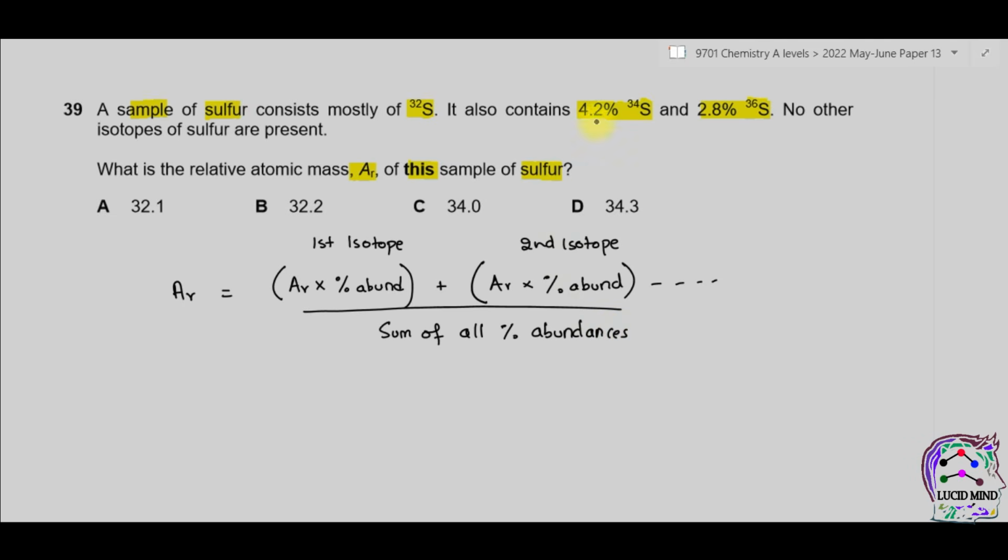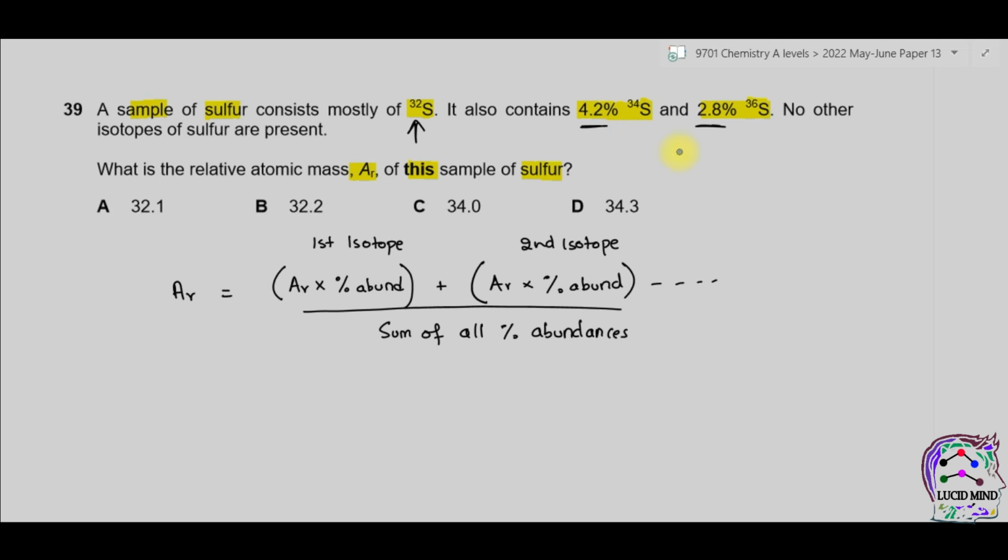Let's find out the percentage abundance of all. Now we only have 3, no other isotope is present, so percentage can be found out for this one. If we have 4.2% for this, 2.8% for this one, so we can subtract them from 100 to find out the percentage abundance of this.